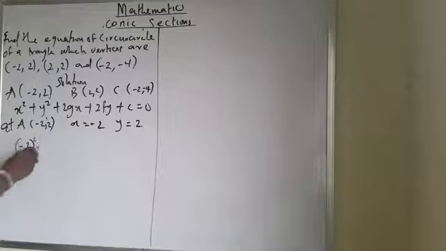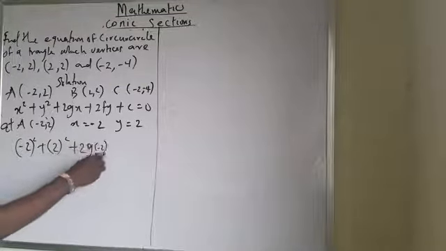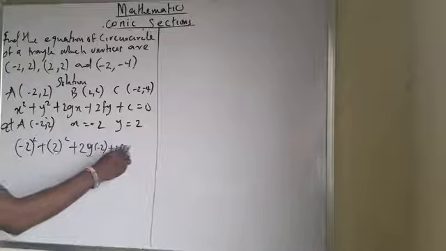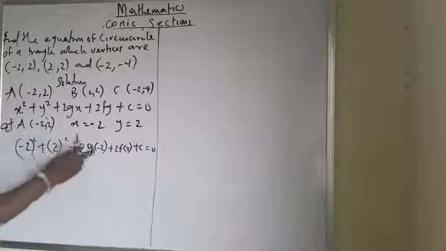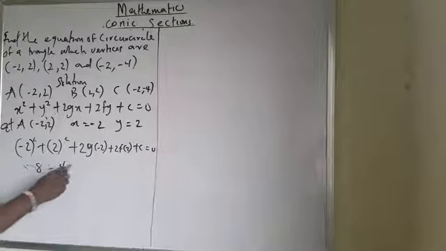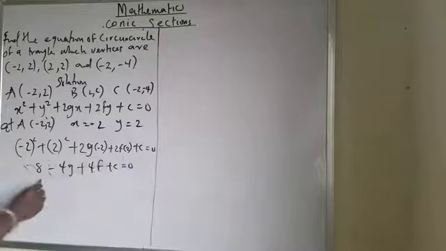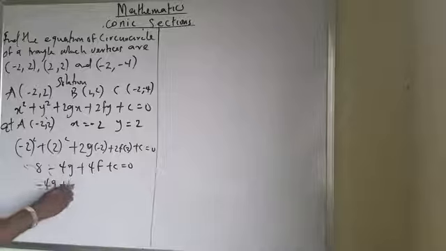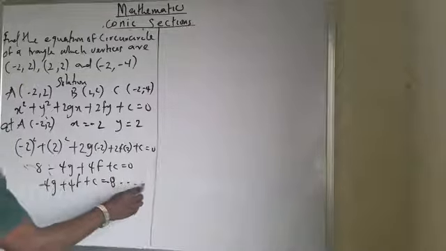Minus 2 squared plus 2 squared plus 2g times minus 2 plus 2f times 2 plus c equals 0, which gives 4 plus 4, which is 8, minus 4g plus 4f plus c equals 0. It means minus 4g plus 4f plus c equals minus 8. We call it equation 1.